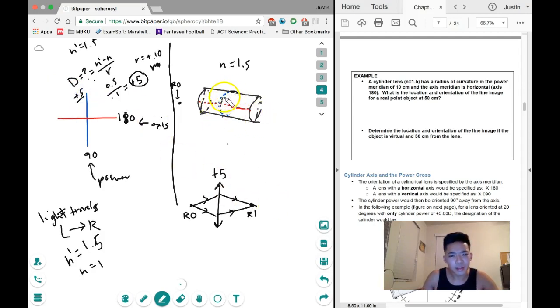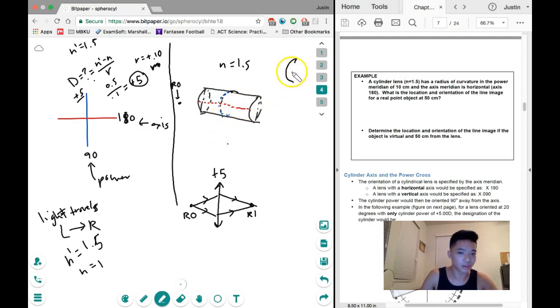And so here's the power cross, and here is the visual representation of that, because now the power meridian is the one that's curved, right? We see this blue, hopefully you can see that it's curved like this. And that is what provides the power in the vertical meridian. I always like to imagine those C-shaped curves are converging rays.